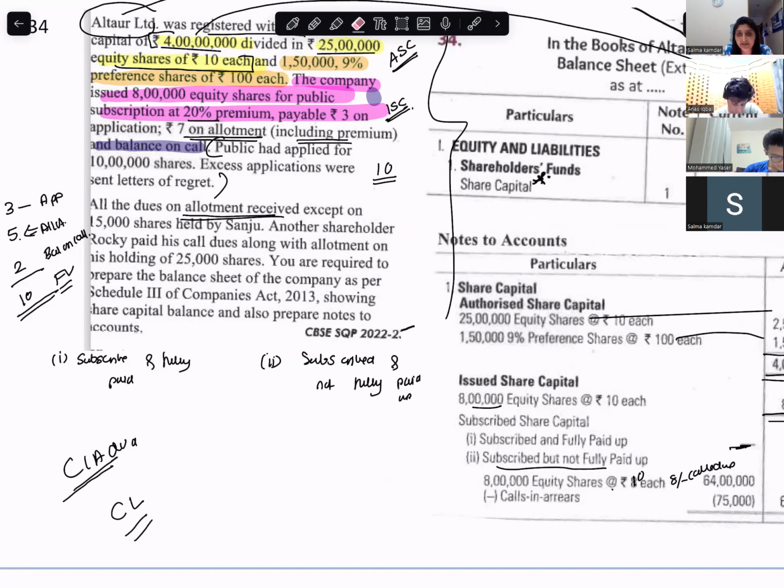How much is calls in arrears? Calls in arrears is 75.